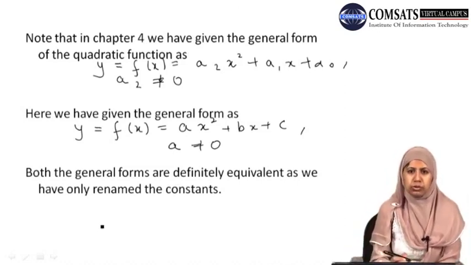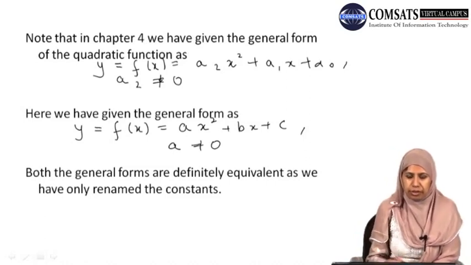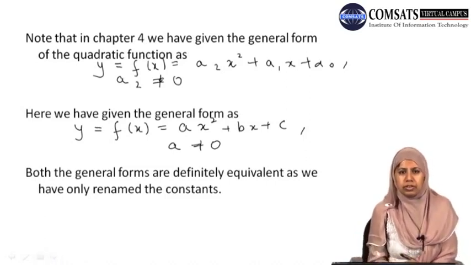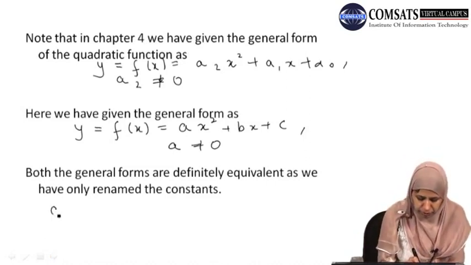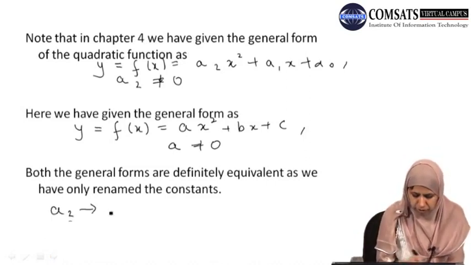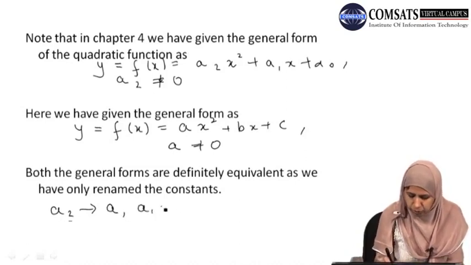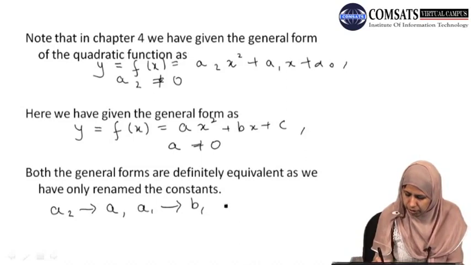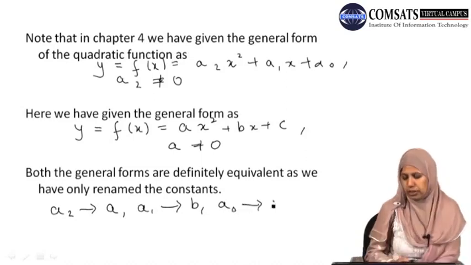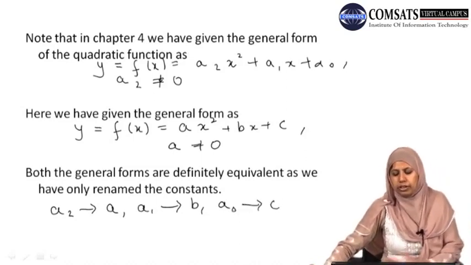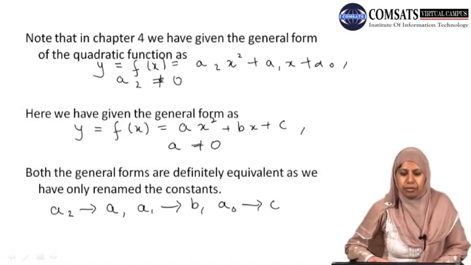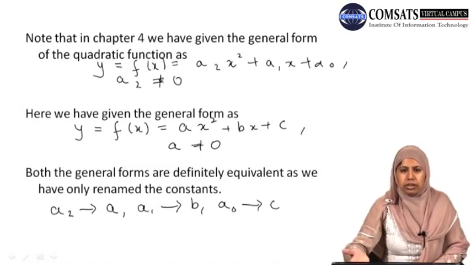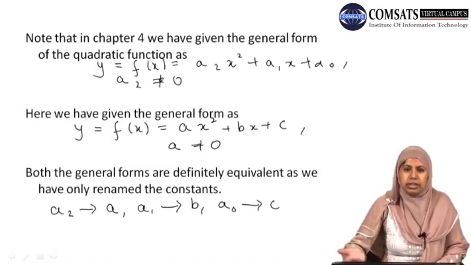It depends on you, whichever way you feel comfortable, to remember the general form of the quadratic function. That is, we have renamed a2 to a, a1 to b and a0 to c. And you can remember the general form of the definition in either form, with a2, a1, a0 or with a, b, c.